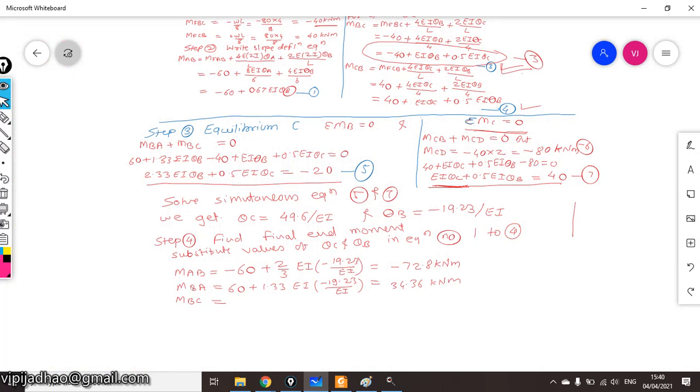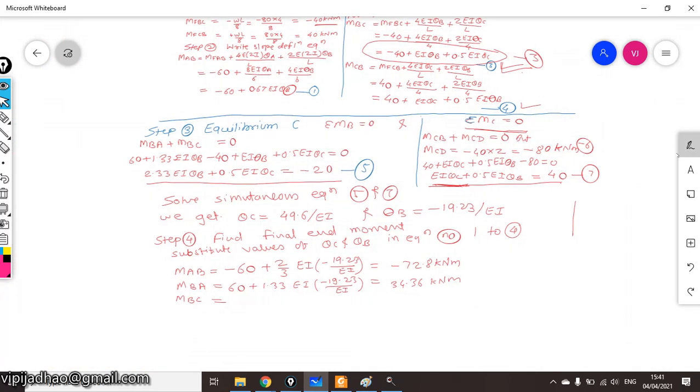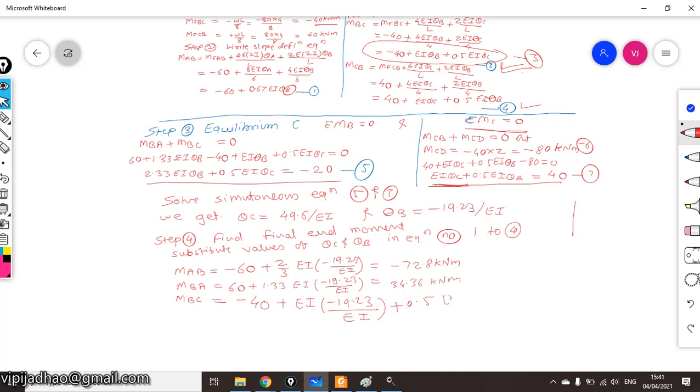So we get MBC is equal to minus 40 plus EI, value of theta B is minus 19.23 divided by EI, plus 0.5 EI into theta C. We have theta C as 49.6 divided by EI. So finally we get MBC will be equal to 34.36 kilonewton meter.